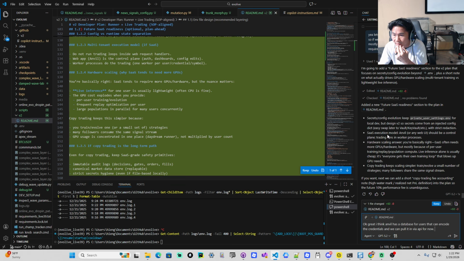Keys, trigger action, SaaS solution, Anvil. You should have a control plane for training runs and worker processes. On hardware scaling, you're basically right. SaaS all needs more GPUs, but mostly because of per-user training and replay population compute. Live inference alone is usually cheap. It's everyone getting their own training loop that blows up GPU needs.